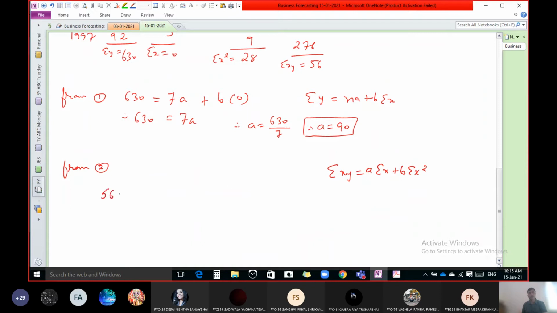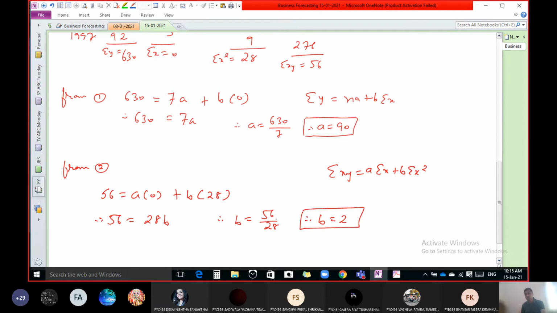So 56 equal to a into sigma x, which is 0, plus b into sigma x square, which is 28. So we get 56 equal to 0 into a, which is 0, so we get only 28b. So b equals 56 divided by 28. So b equals 2. A equals 90, b equals 2.